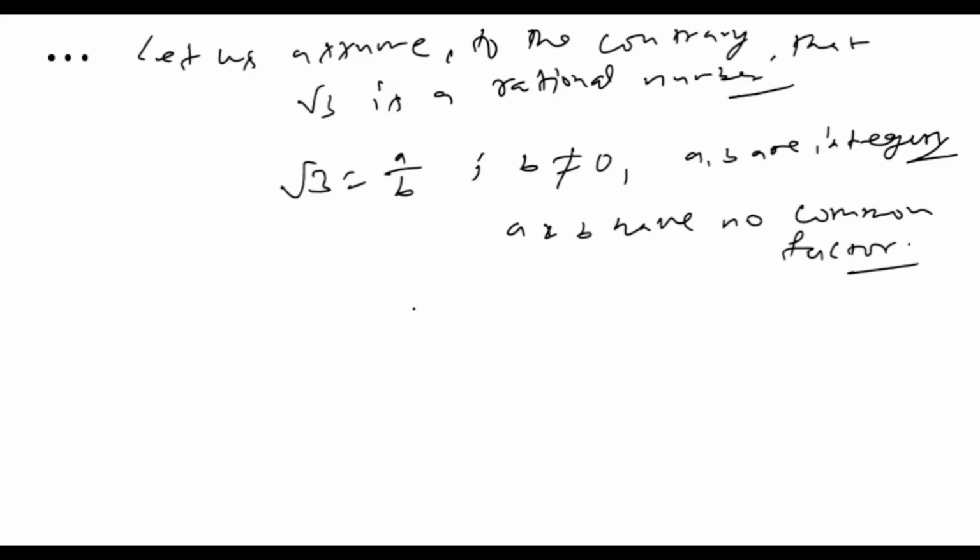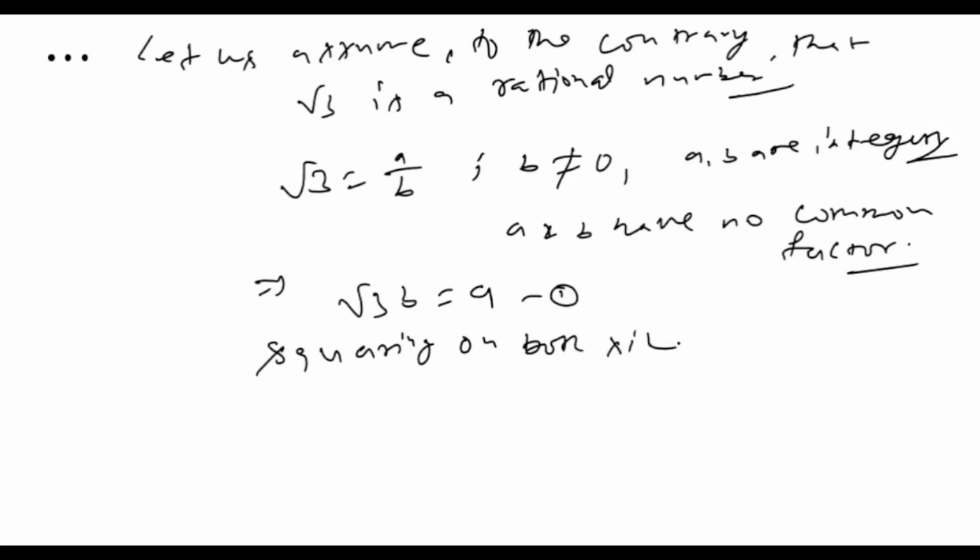Now let's proceed. It is better if you write root 3 b equals a. This is equation 1. Squaring both sides, it gives you 3 b square equals a square.